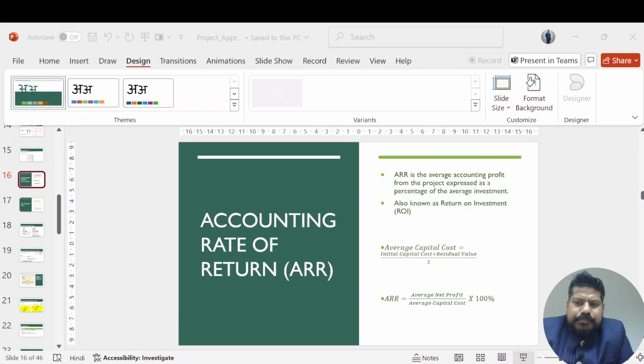So 1.08 raised to power 4 is 1.36. This is the result.